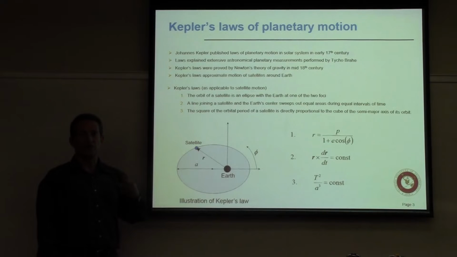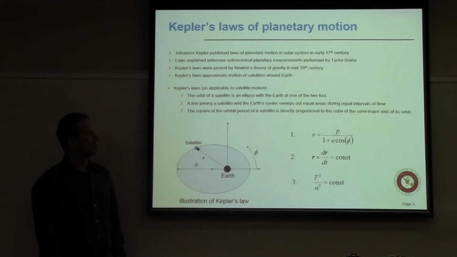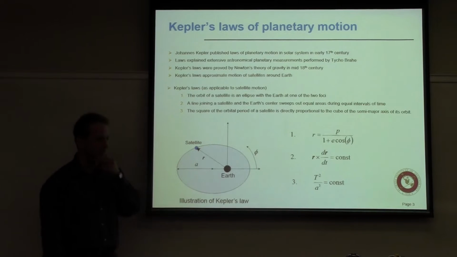All you have to do is have a lot of very accurate and painstakingly taken data points, and then enough patience to put these equations through and determine that they fit those data points very well. And that's exactly what Kepler did.